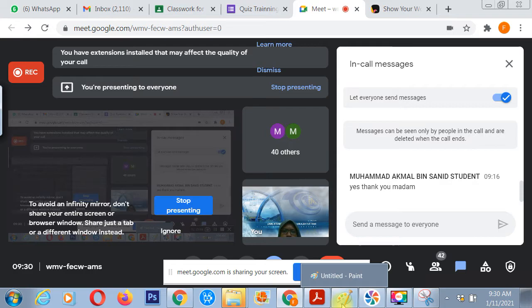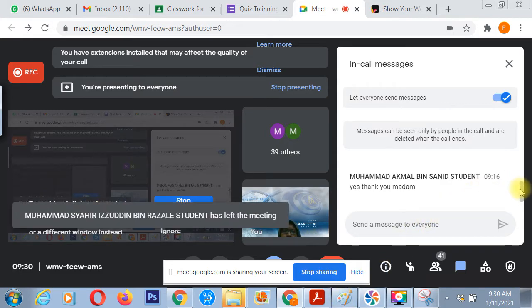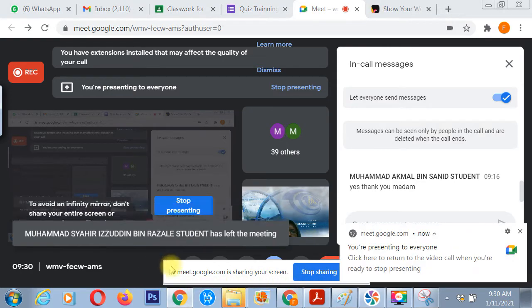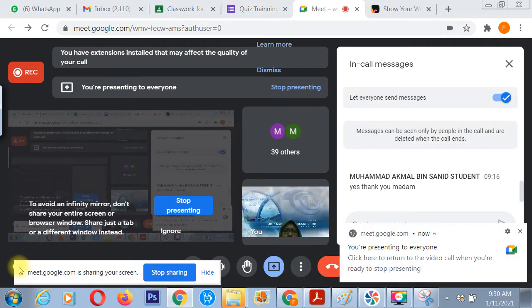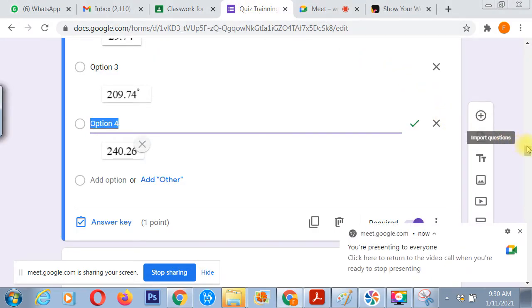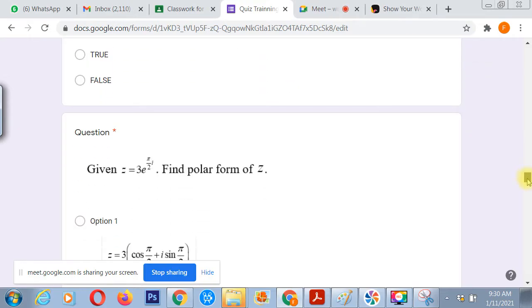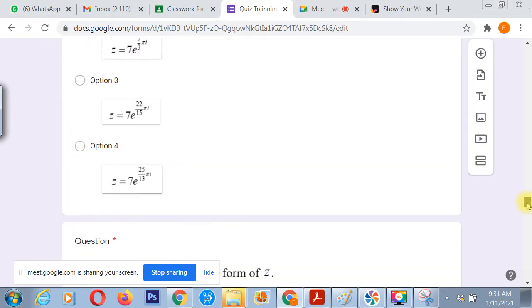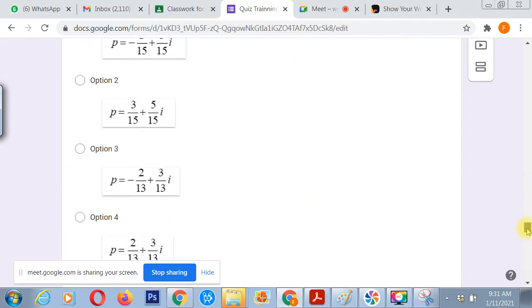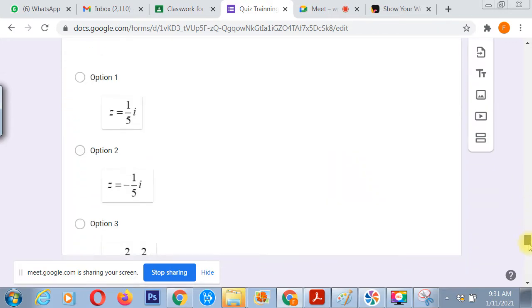For k equals 0, the root is as follows. Find the root when k equals 2. So what is the solution to that question? In the quiz, right?